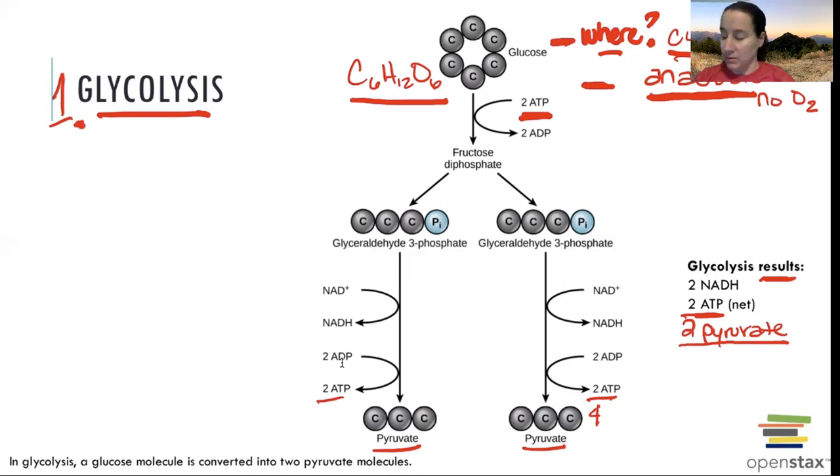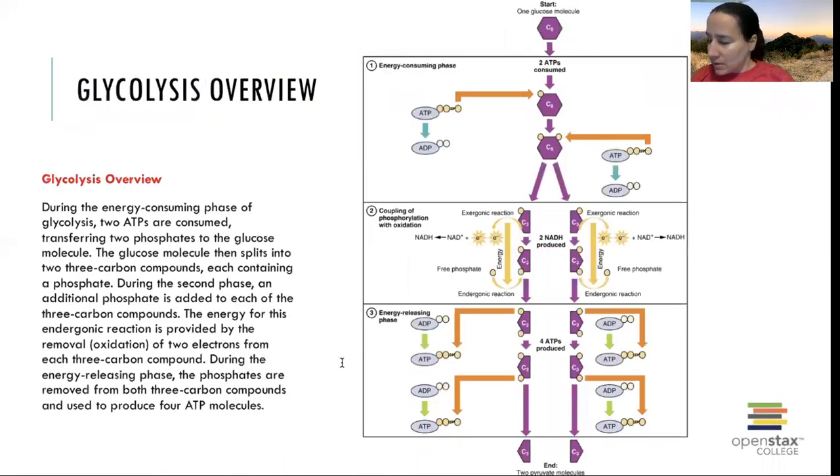We're going to move on now. So at the end, we had 2 pyruvates. Let's hold on to those pyruvates, and we're going to decide, what do we do with those pyruvates? If we have oxygen, we are going to take those pyruvates and move on to the citric acid cycle. Here is our glucose molecule up at this picture.